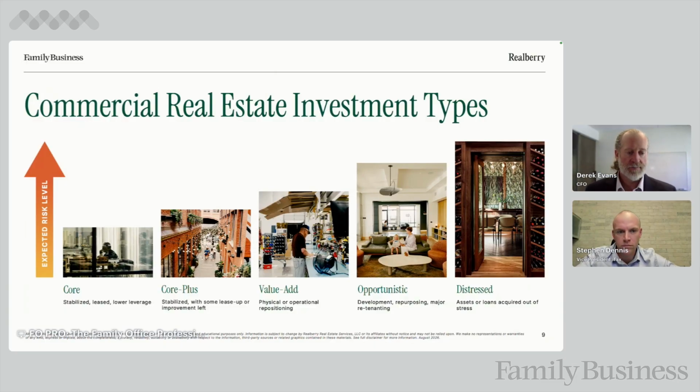Generally speaking, the types of real estate that we've been through are placed in 5 different buckets, starting at core, which is going to be generally a stabilized asset with a lower leverage profile. It could be a trophy office tower. It could be a large mall or power center, but generally something that's just kind of steady Eddie.